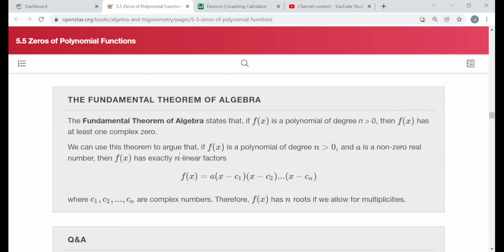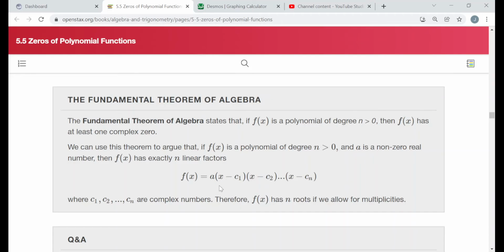We can use this theorem to argue that if f of x is a polynomial of degree n, and a is a non-zero real number, then f of x has exactly n linear factors. f of x equals a times x minus c1 times x minus c2 all the way down to x minus cn, where c1 through cn are the complex roots, or the complex zeros, of the polynomial.